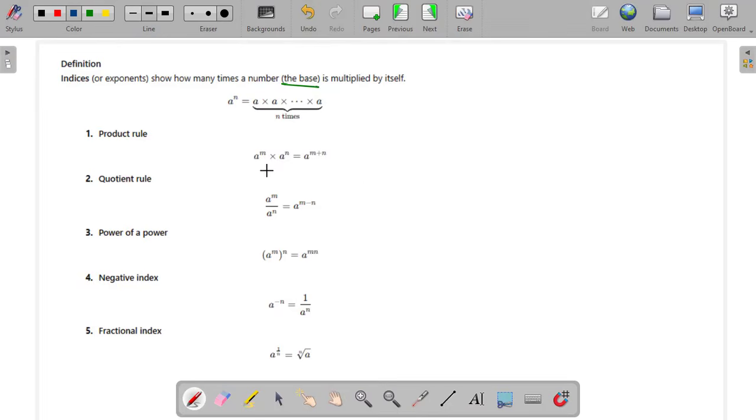For the product rule, when you have a number, let's say a raised to the power m, multiplying a raised to the power n, and they have the same base, what you do is you keep the base and just add the exponents. So you just add m plus n. This is what the product rule is saying.